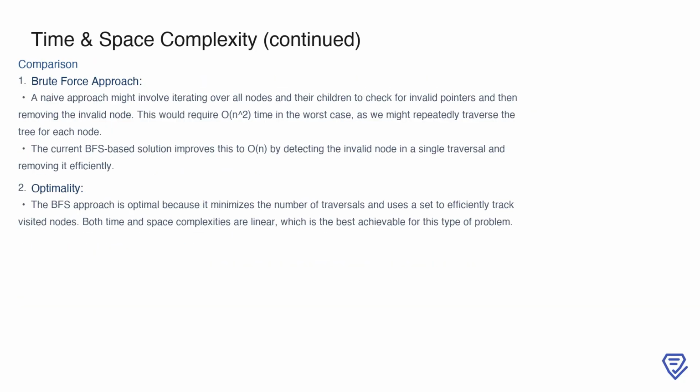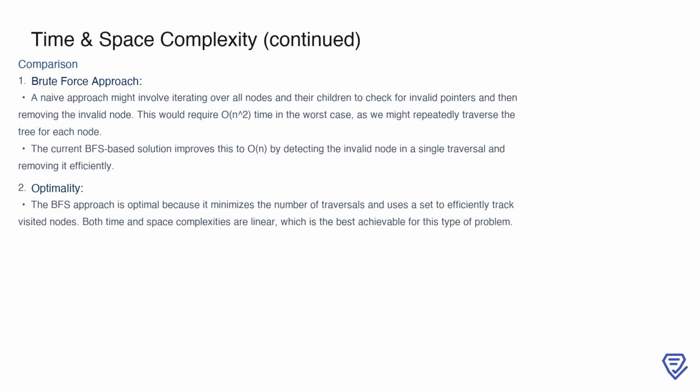When we compare this approach to a brute force method, the advantages of our BFS-based solution become clear. A naive approach might involve iterating through every node and examining all of its children to identify invalid pointers. This could require multiple passes over the tree, leading to a time complexity of O(n²) in the worst case.